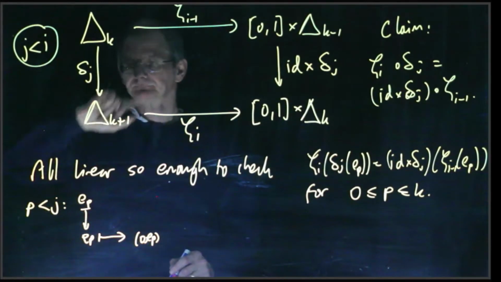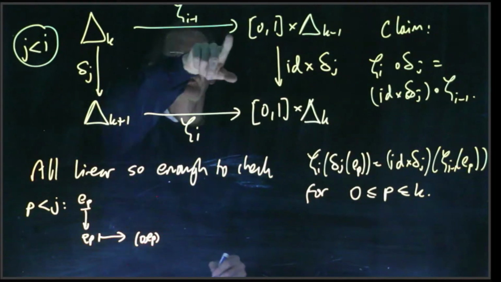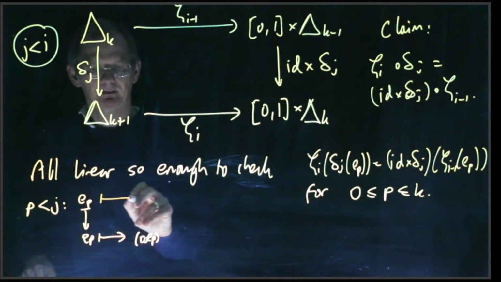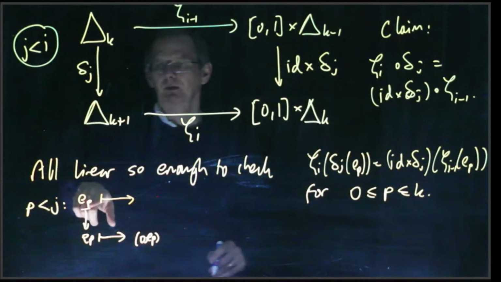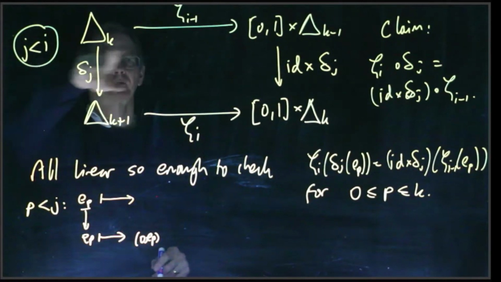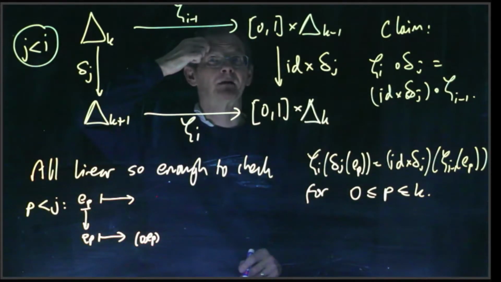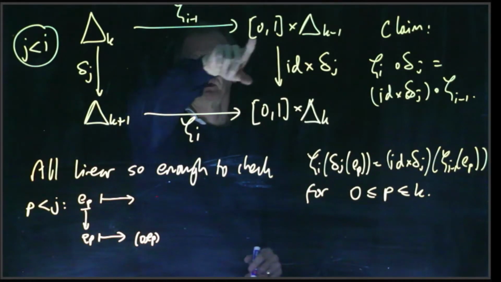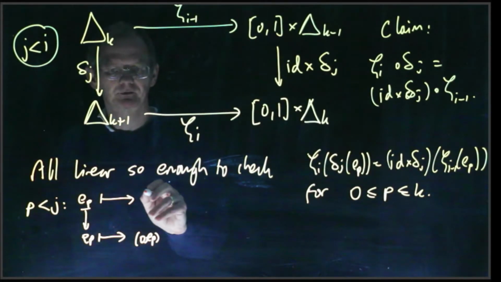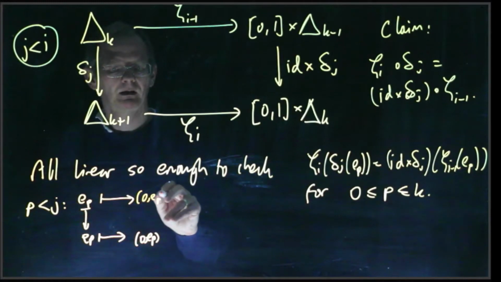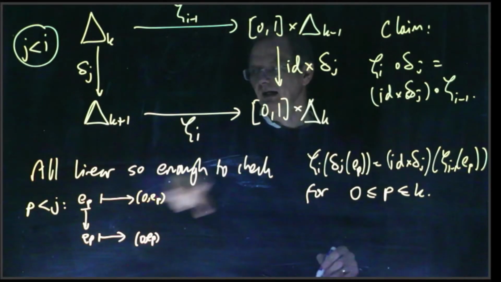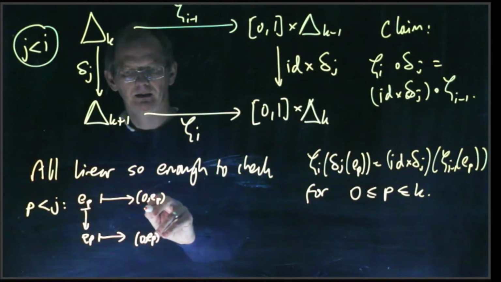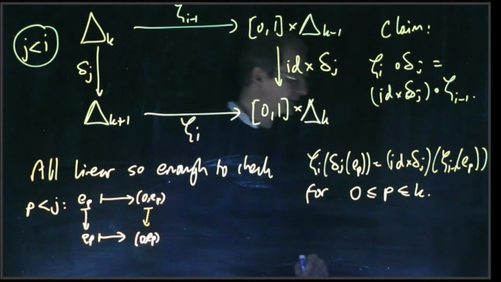And then here again, p is less than j, so certainly we're below the i minus 1 level, and so under this zeta, again, we're just going to 0, Ep again. And then here you're doing the delta j, and p is less than j, so that's just going like that. So that's okay.